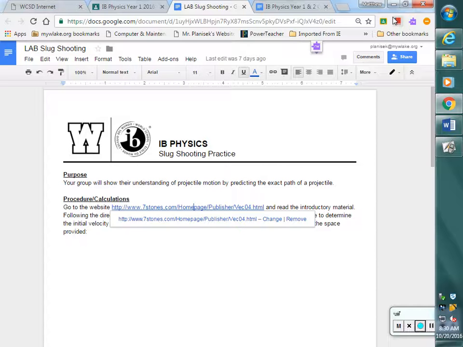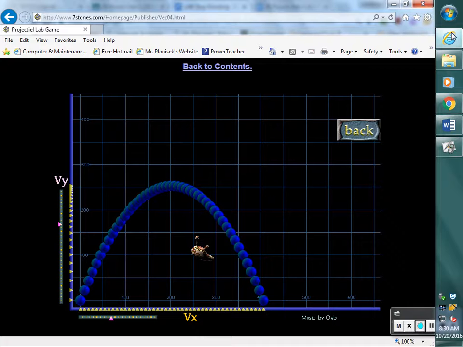All right, but let's talk about this plot. It's a horizontal motion and a vertical motion occurring at the same time. The horizontal motion really doesn't tell us anything because nothing changes horizontally, but things do change vertically, right?